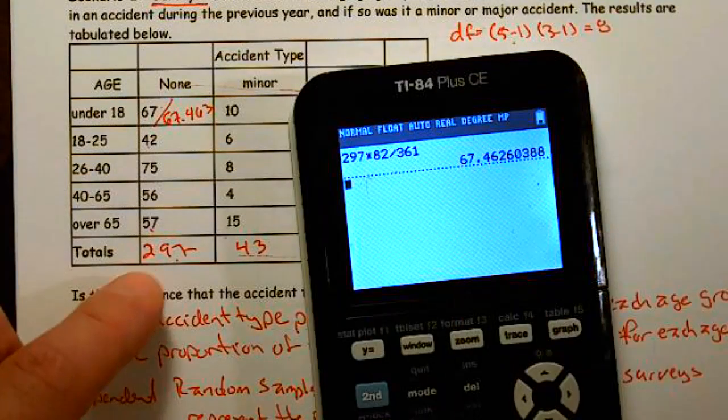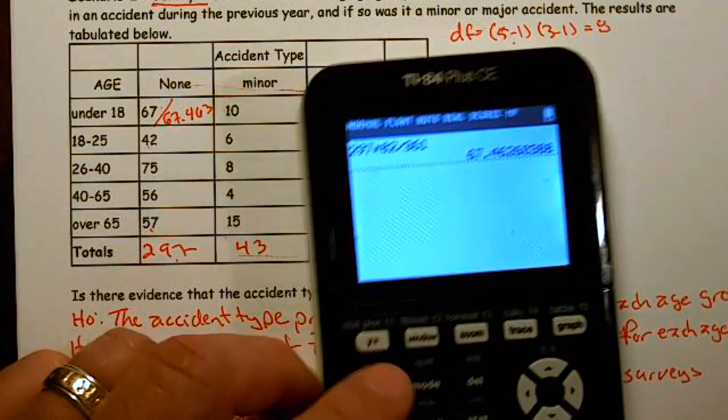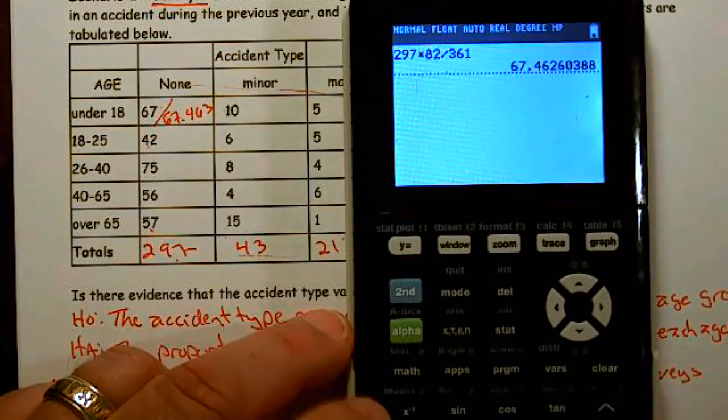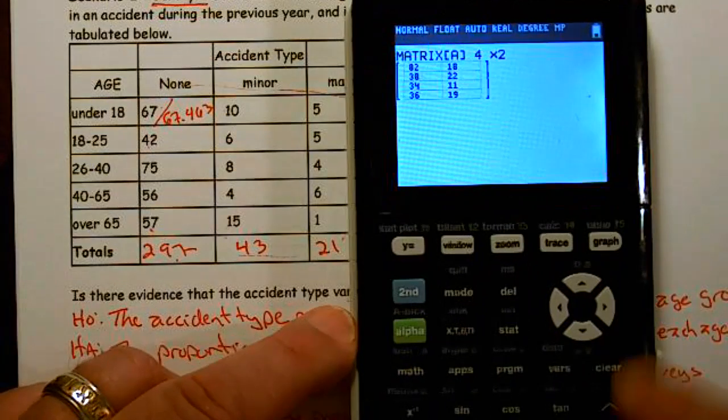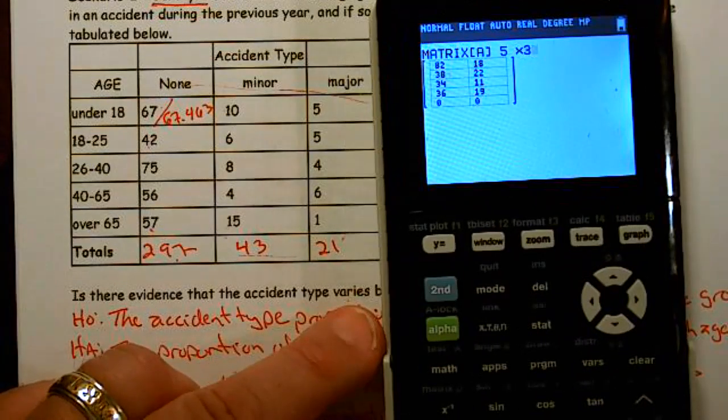Well, let's go ahead and run this thing, because this is going to be an interesting case, because remember what our third condition is. We need expected values greater than or equal to 5. So 5 enter and 3 enter.